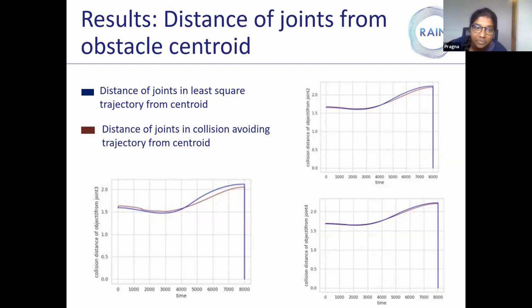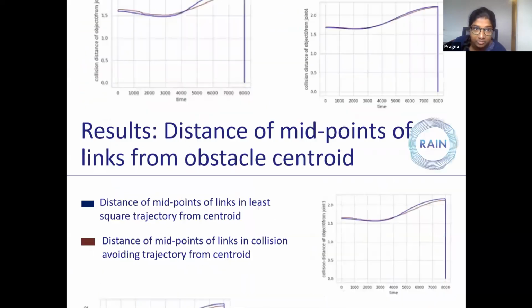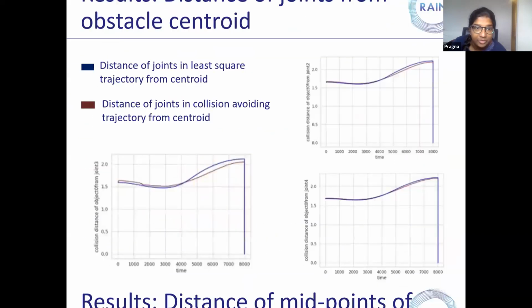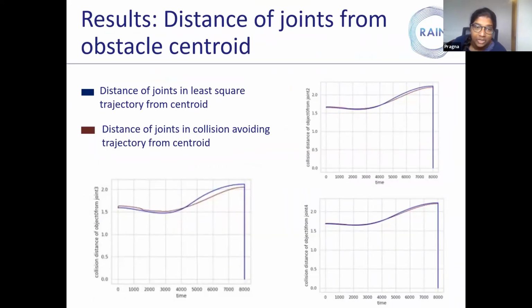This crossing point is that moment where the obstacle was supposed to collide with the joint, and it sufficiently moves away from the centroid from the beginning of the IK. While in the least square trajectory, the distance is closer to the centroid.